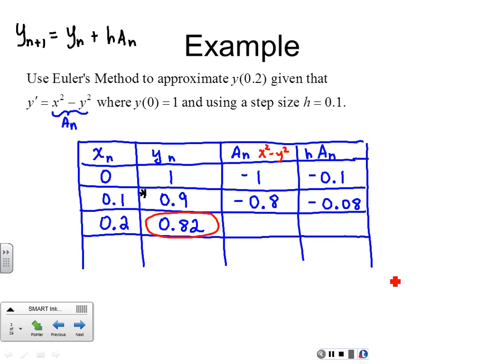What would you plot? Your points. Plot the point 0, 1. Plot the point 0.1, 0.9. X, Y, X, Y. Plot those points in the graph, and then see how the fluidity of the curve goes. But that's how you could, point by point, draw your solution curve.